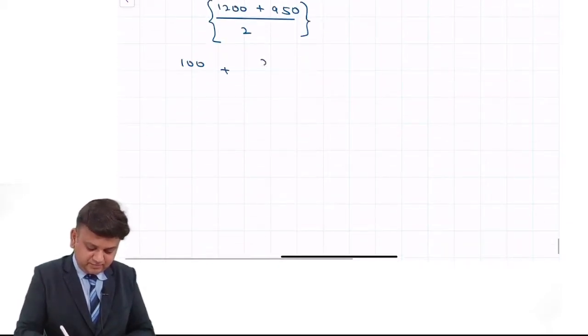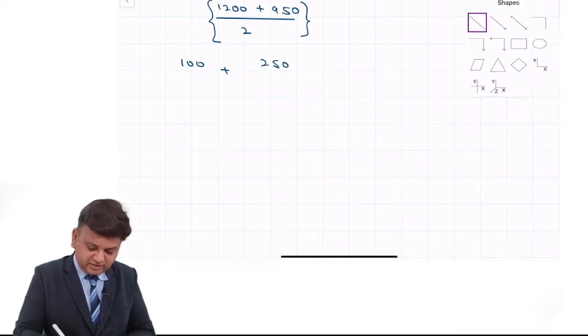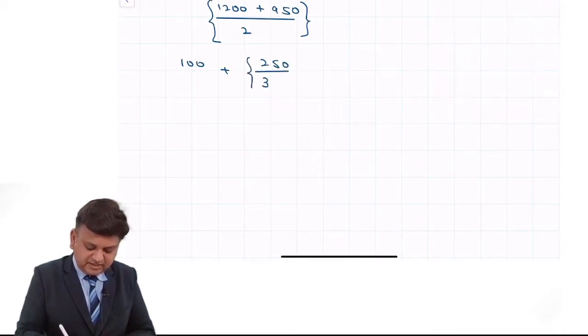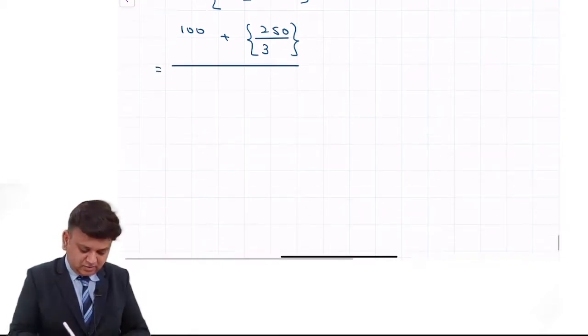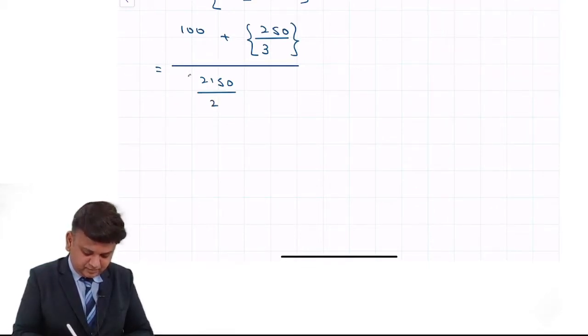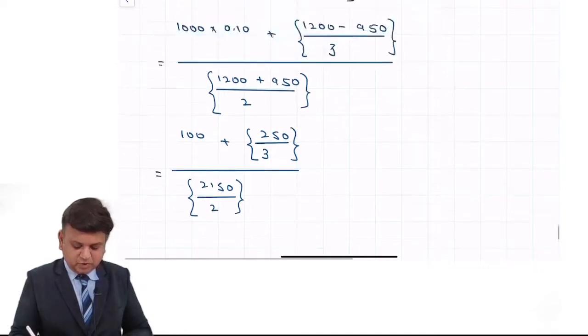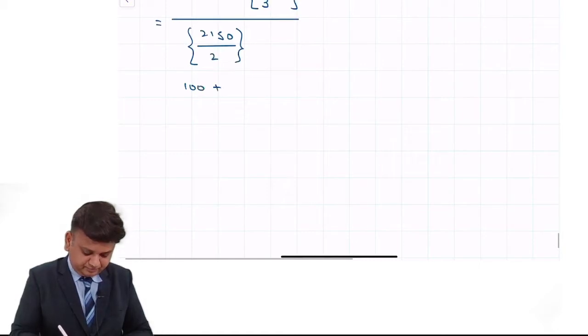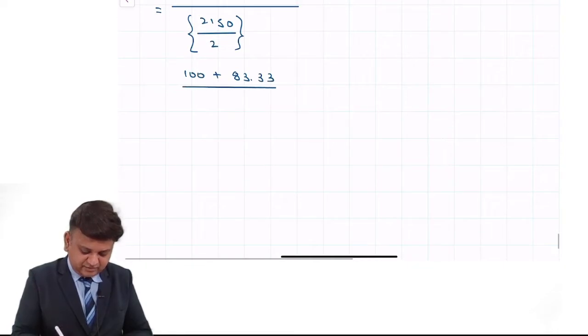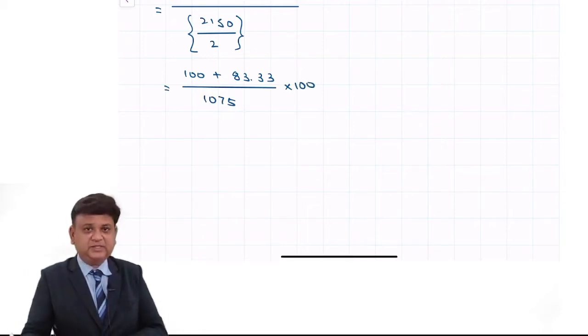100 plus 250 divided by 3. I am writing the answer slightly in detail so that you can have better understanding of how the calculations are performed. Divided by 2150 divided by 2. So 250 divided by 3 is 83.33. Divided by 1075 into 100 for getting answer in percentage.